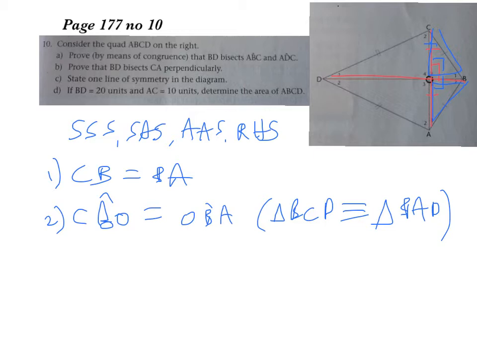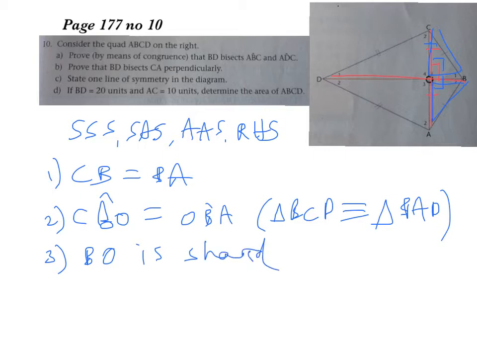So now I have a side and an angle. I either need to find another side or another angle. And I have another side. BO is shared.